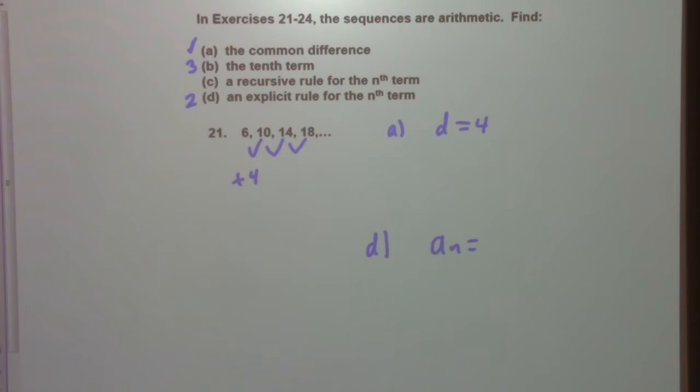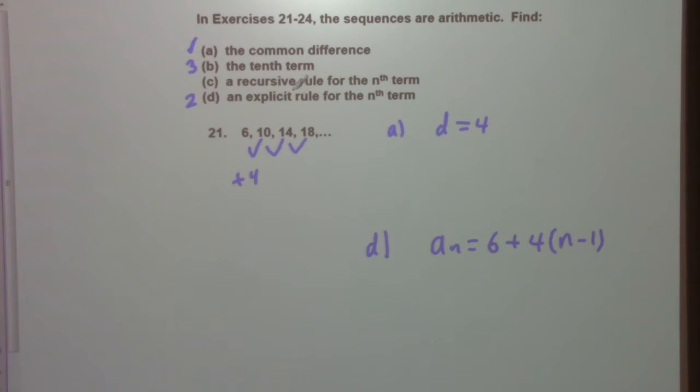It's going to be 6. So we have 6 plus d, and what is d? 4 times n minus 1. So that is part D worked out. Does that make sense?